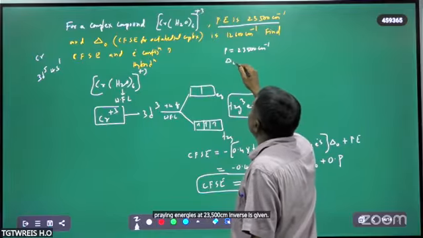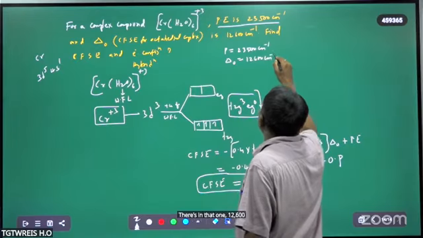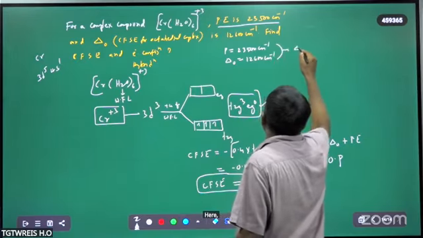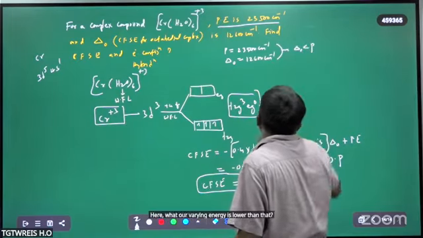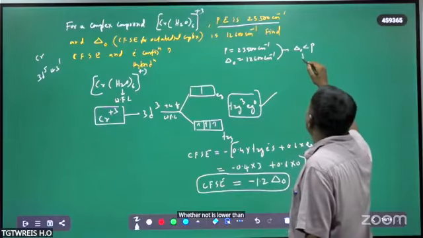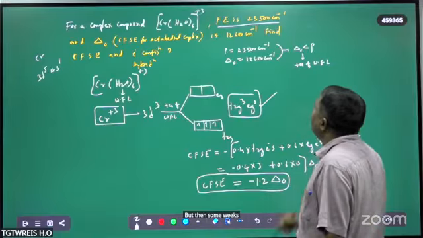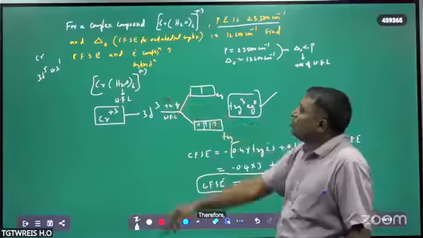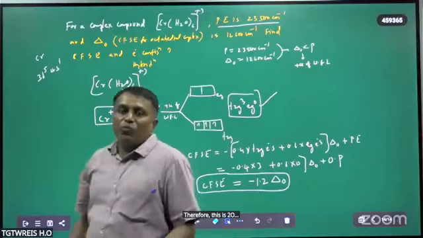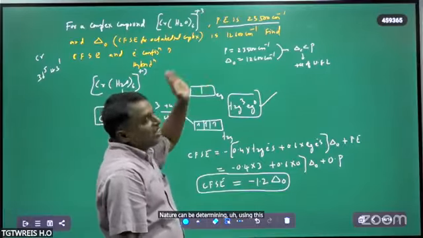And delta naught is less than that, 12,600 cm⁻¹. Here the pairing energy is higher and delta naught is lower than P. Therefore, this will happen in the presence of a weak field ligand. So the nature of H2O can be determined using P and delta naught.